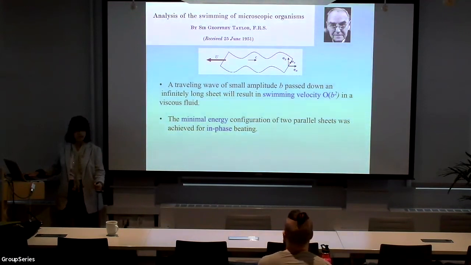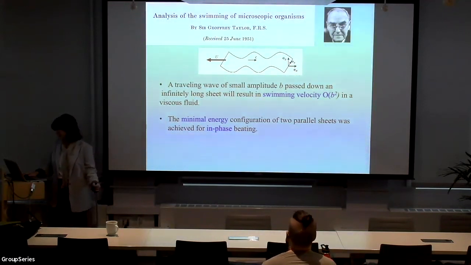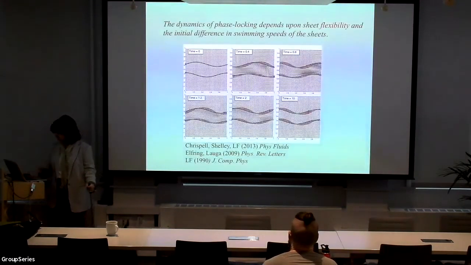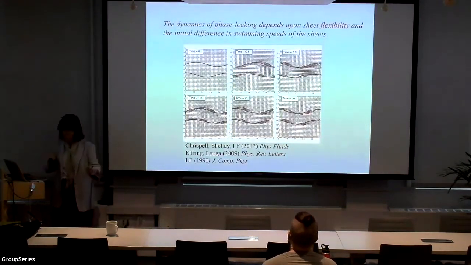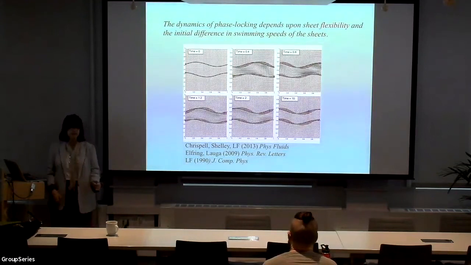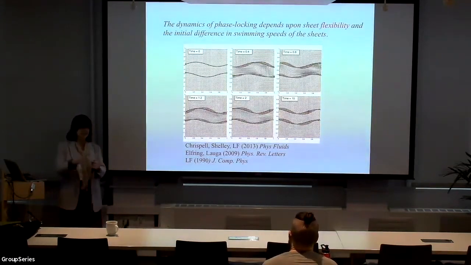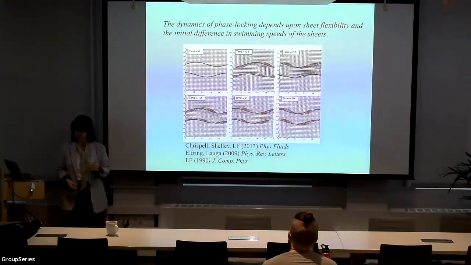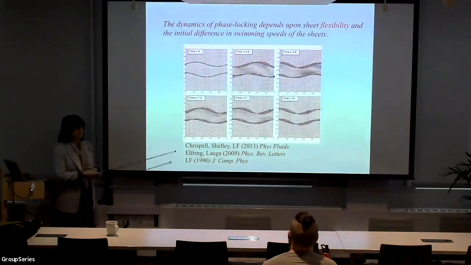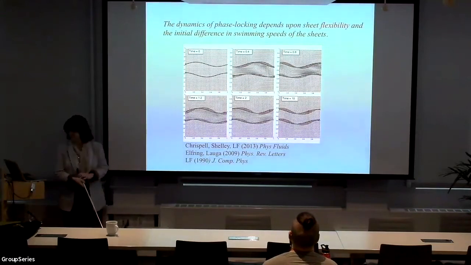But the swimmers only swam up to second order in amplitude, and he didn't carry out the energy calculation to higher order. And what happens, in fact, is that the two sheets adjust their swimming velocity so that one swims faster than the other if there's a phase offset, and they actually synchronize. So I put this picture up here for you, Mike. Remember that? I do.